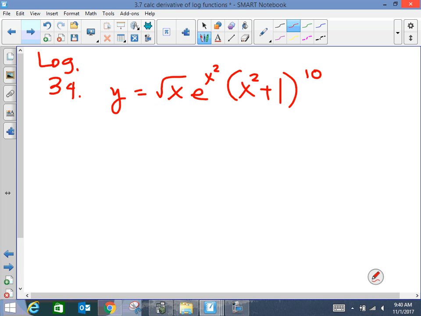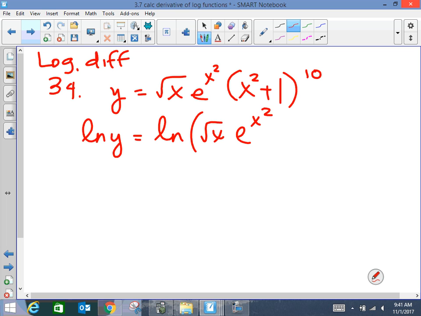What's the first thing we do with logarithmic differentiation? ln both sides. ln y, ln. Okay? Now, can you already see why this would be easier?